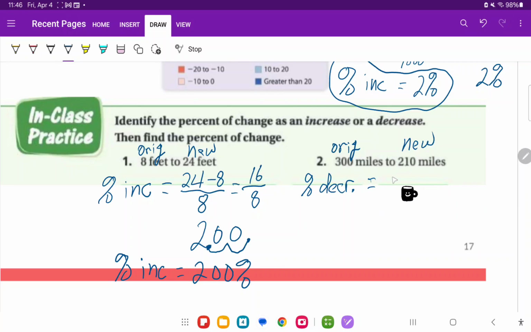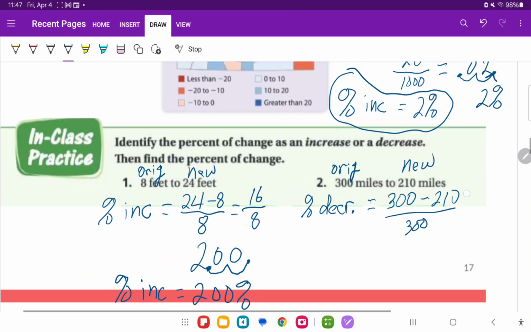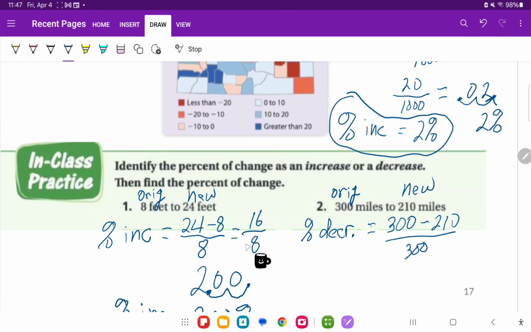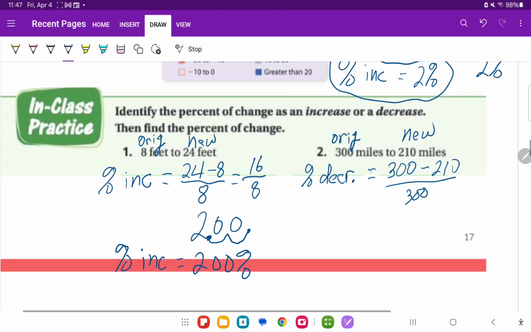So you take the original minus the new divided by the original. The original always goes on the bottom, no matter which of these that we do.